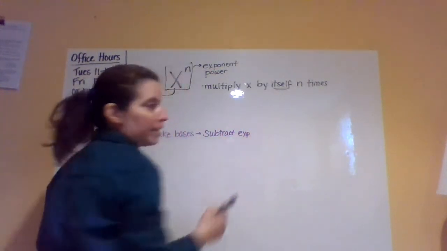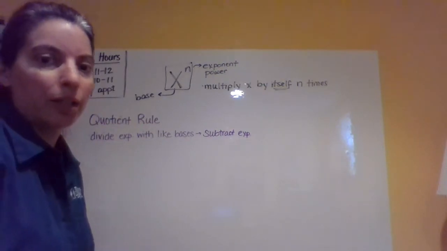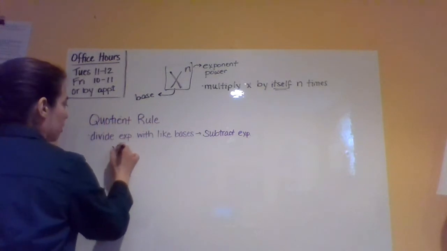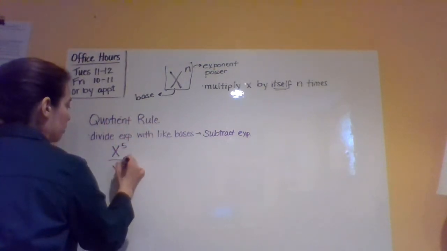So let's, again, see what's happening behind the scenes here. The example there is x to the fifth over x to the third.